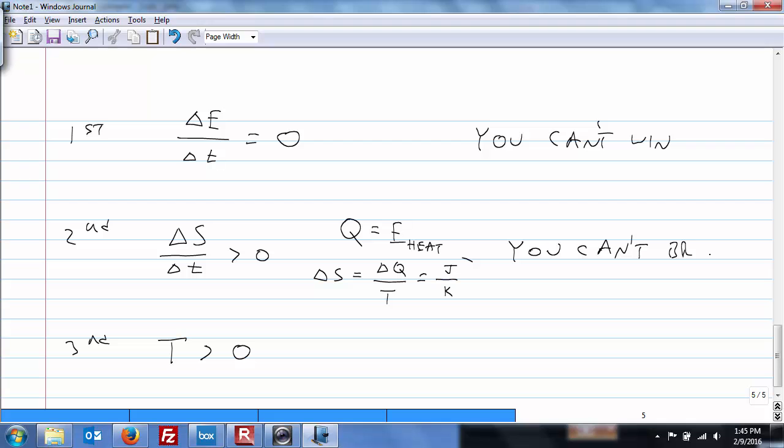If it didn't, it would go under and you wouldn't get to gamble anymore. You can't break even. And then this one is: you can't stop playing. You can keep trying to get to absolute zero, but you can never get there. Can't stop playing. Okay, so those are, in my mind, the three fundamental laws of classical physics.